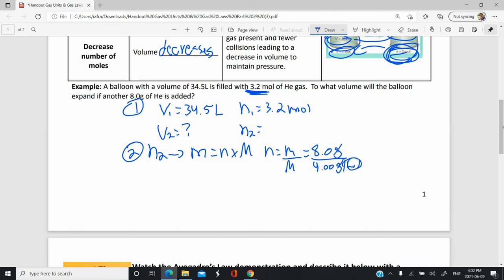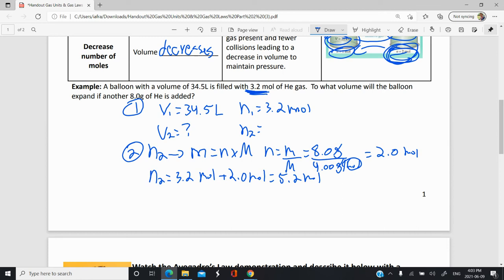Cross out grams, and we get about 2.0 moles of helium. So we are adding 2 moles of helium to our sample. Okay, so that means that N2 is going to be equal to 3.2 moles plus 2.0 moles, which will give us 5.2 moles. So now we'll have a total of 5.2 moles in our sample.